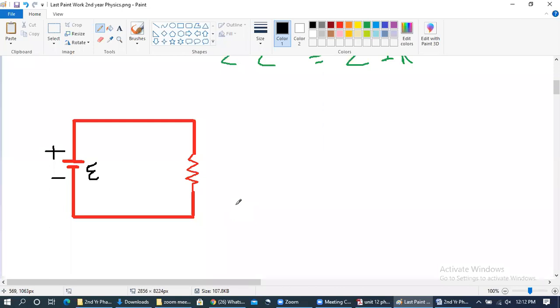I think he's sleeping. Okay, Taha Safi, can you tell me? So tell me what other device has been connected in this circuit other than battery? Tell me again, sir, please.